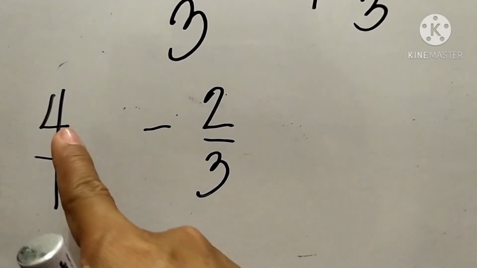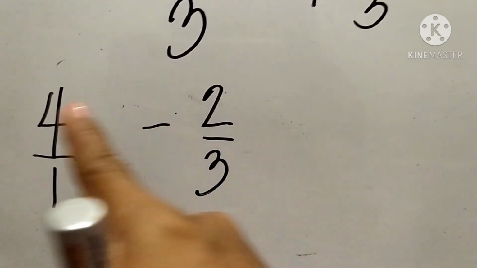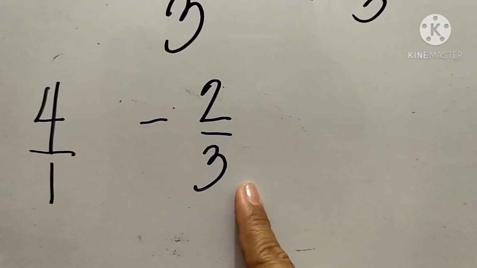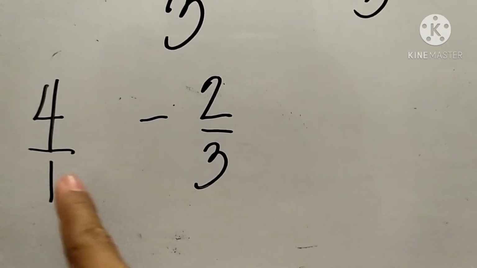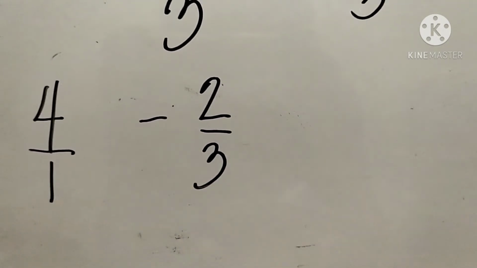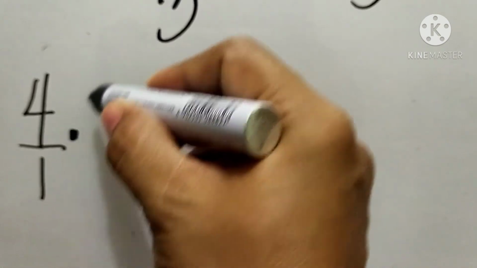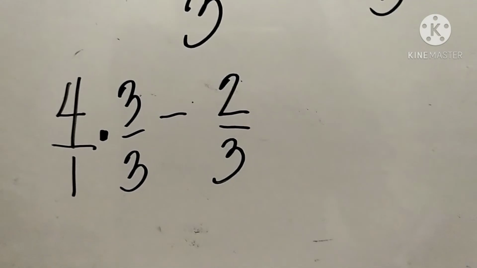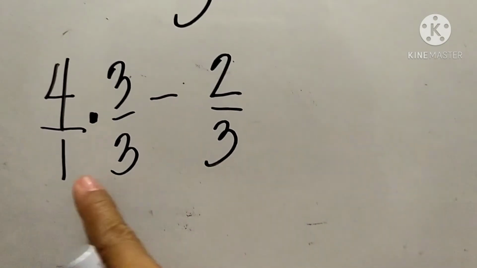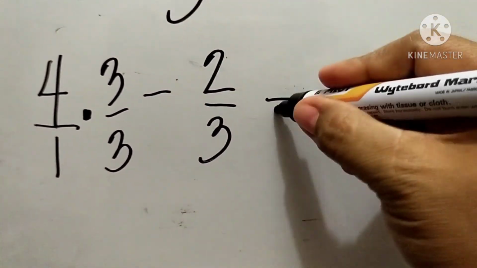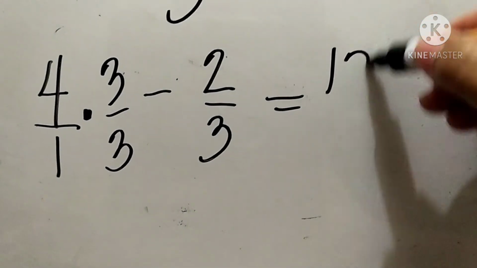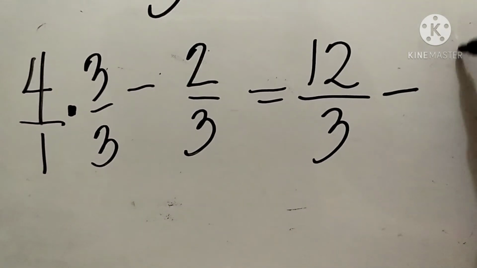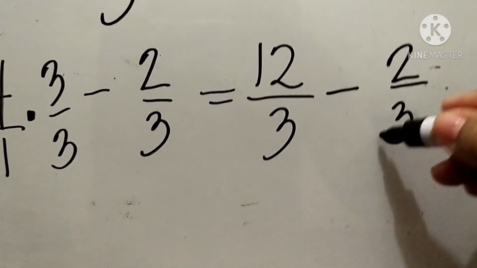For us to subtract the numerators, we need to have the same denominator. Since we have 3 here, we need also to make it 3. So what you will do is multiply both numerator and denominator by 3 to make the denominators the same. So we have 4 times 3 is 12, 1 times 3 is 3, minus 2 thirds.